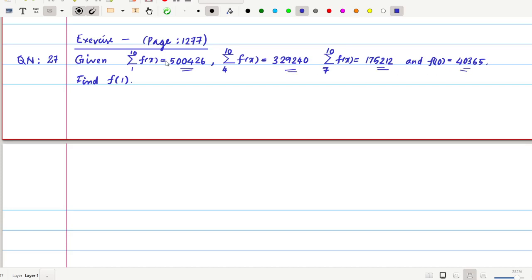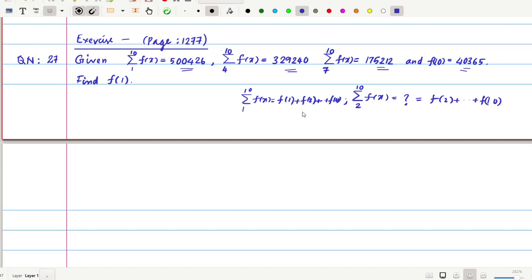So the idea is you are given the summation 1 to 10. Once you get the summation 2 to 10 of f of x, you can subtract it from this to get the value of f of 1. Because the summation 1 to 10 of f of x is f of 1 plus f of 2 plus etc., up to f of 10, and the summation 2 to 10 is f of 2 plus etc., up to f of 10.